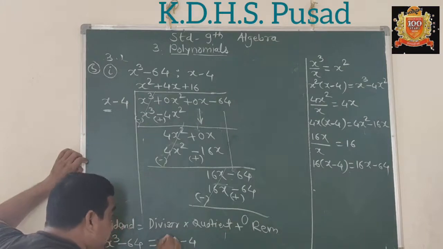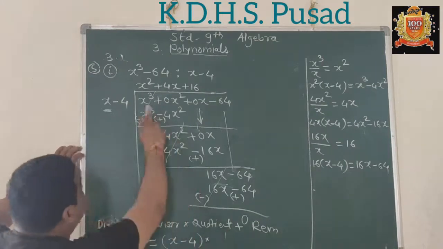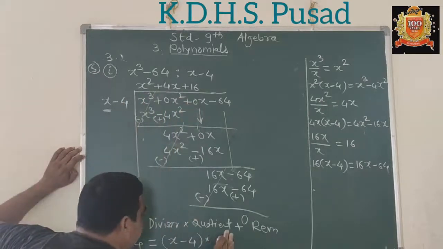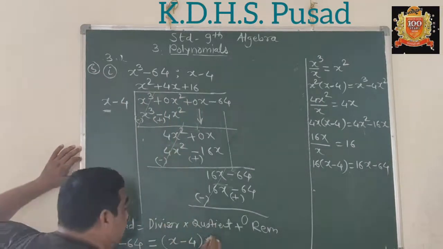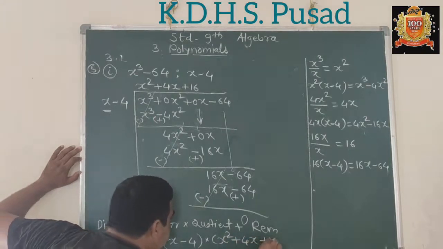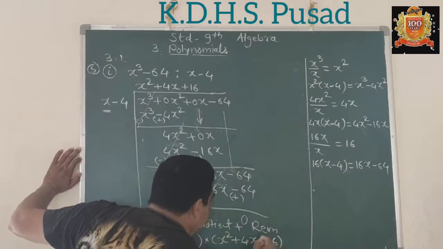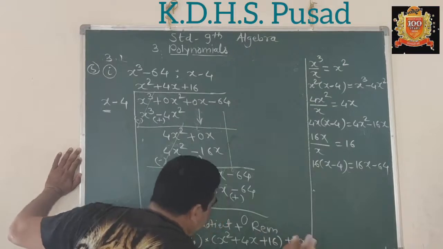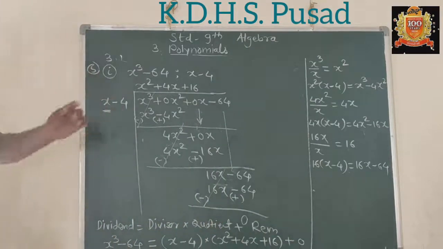As the quotient contains more than one term, put it in brackets: x square plus 4x plus 16, and then plus remainder, that is 0. Right? In this way we have to write.